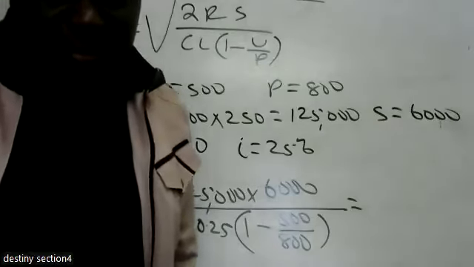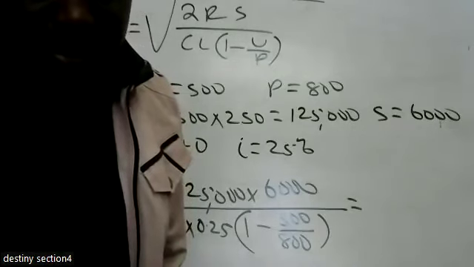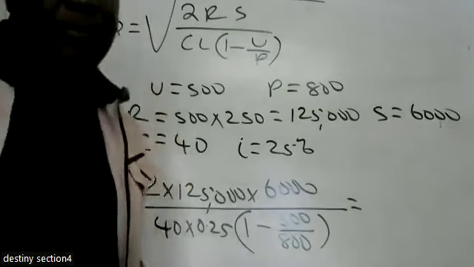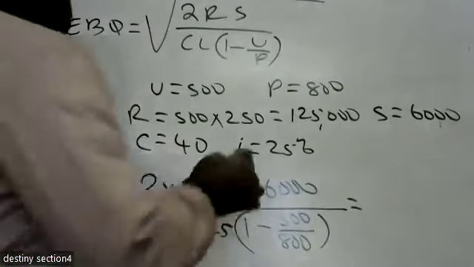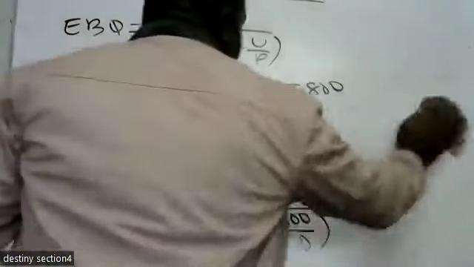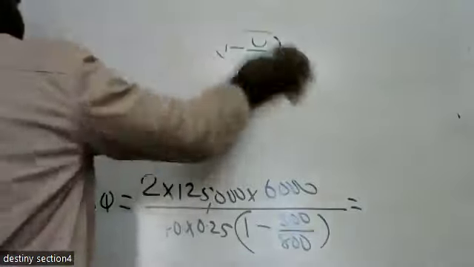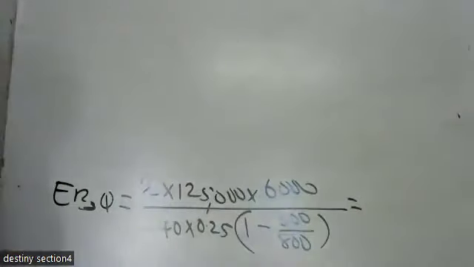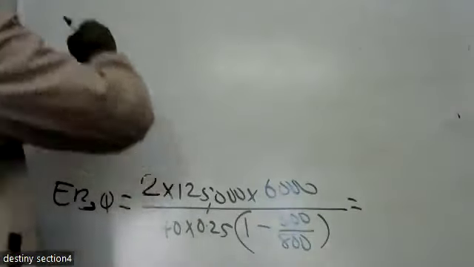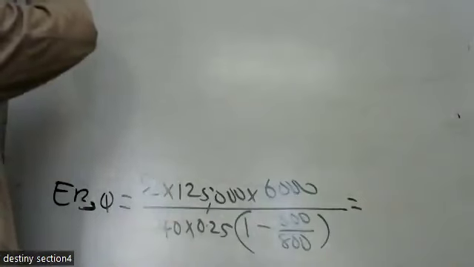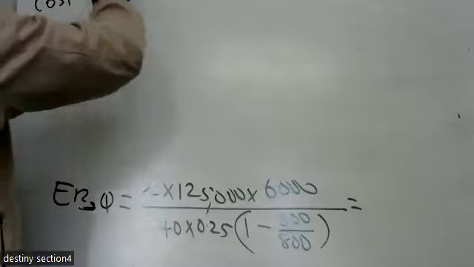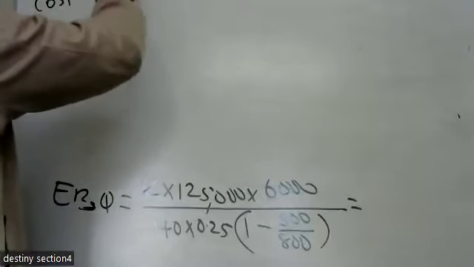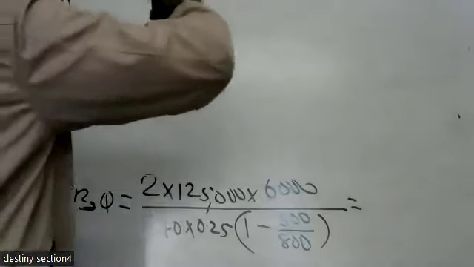Now we can go to the Roman letter 2. They wanted you to get the total cost at the economic batch quantity. To get the total cost, it is supposed to be given by RC, those are the variable costs.